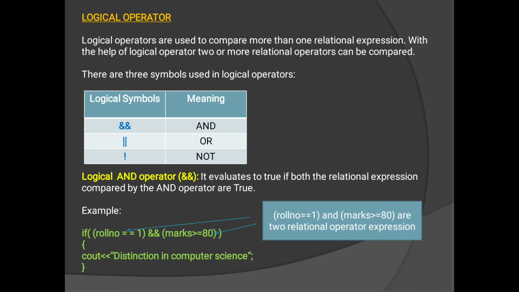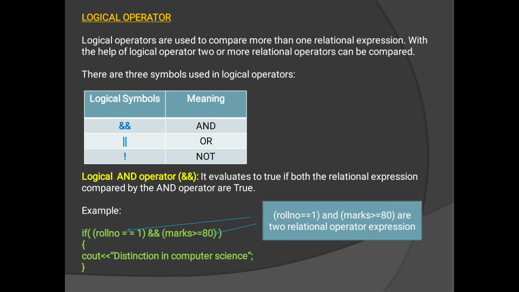Next, if it is true, the ampersand tests the right side relational expression, that is, marks is greater than equals to 80. Marks is the variable. If the user enters the value 80, which is equal to 80, not greater than 80, but equal to 80, that is also true. If both these relational expressions turn out to be true, then the cout statement, distinction in computer science, will be printed out on the monitor screen.